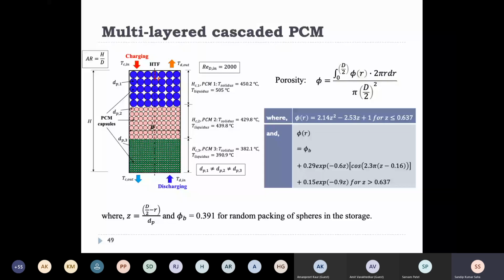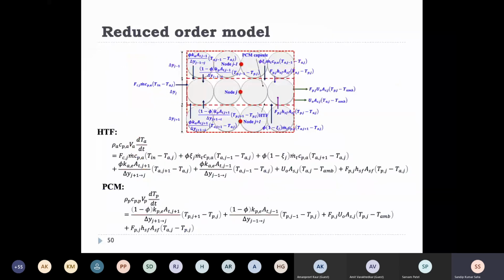So how do we do the reduced order model? If you see this HTF and PCM equation, these are semi-analytical or semi-differential equations based only on the energy balance: how the HTF is exchanging heat with the PCM, and how the HTF is exchanging heat with the ambient.